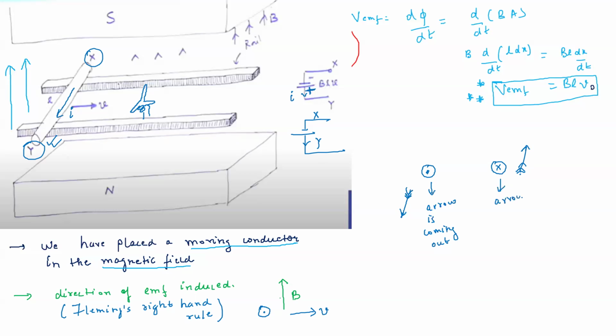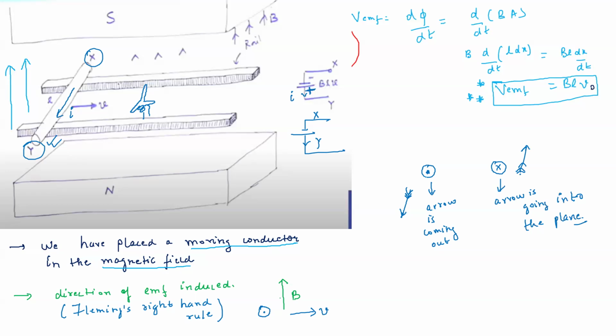So this notation means the direction is into the plane, going away from you, and the dot notation means the arrow is coming towards you from the plane, so you can see the front tip of the arrow. That is what this dot and cross notation means, and you will see it used in most places.